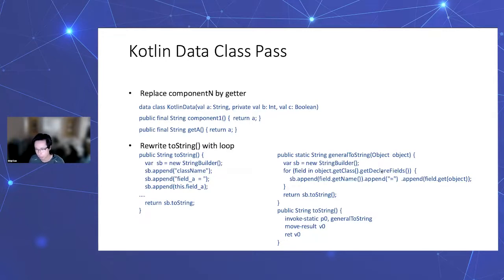So we can reduce the code size down to O(1). It's not proportional to the number of fields anymore. We created this general toString method, and in each toString we only need 3 lines of instruction to invoke this general toString.